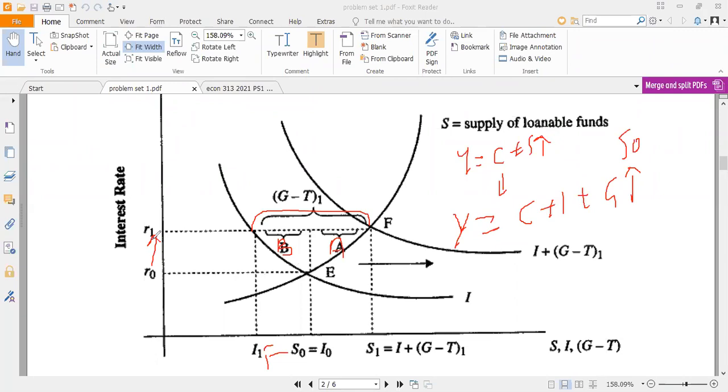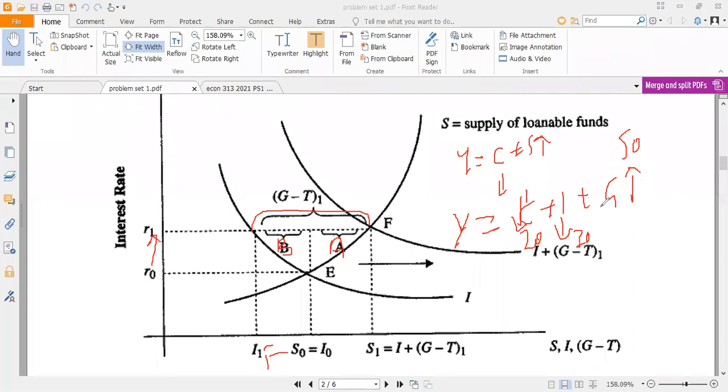Because of the increase in interest rates, investment has fallen by, say, 30, and consumption too has fallen by, say, 20, which means that there will be no change in Y at all. The latter fall in investment and consumption will just rule out the initial increase in government spending. This is what we call the crowding out.